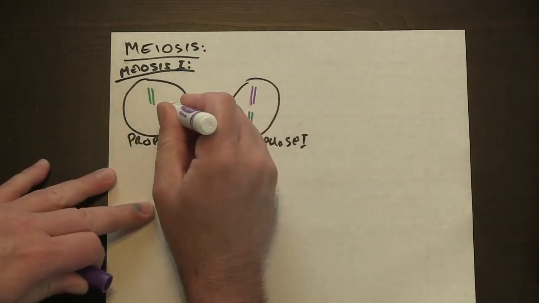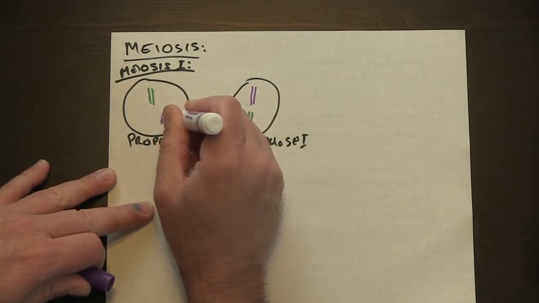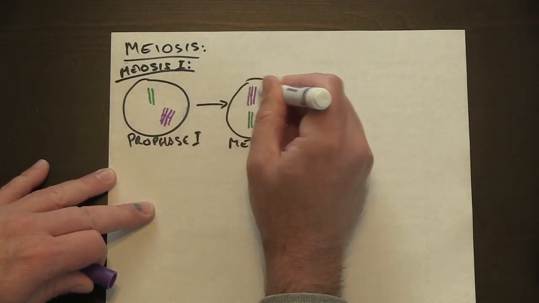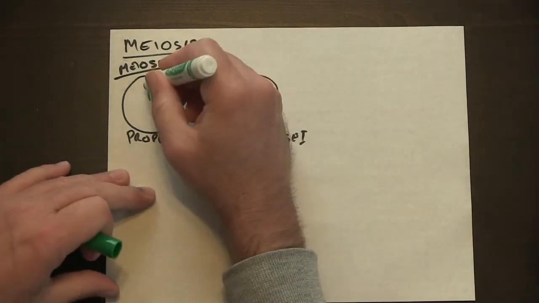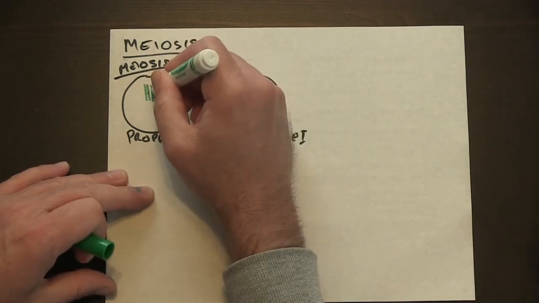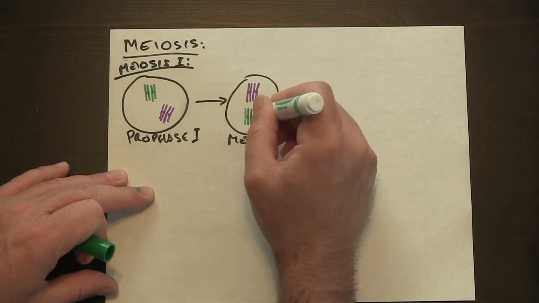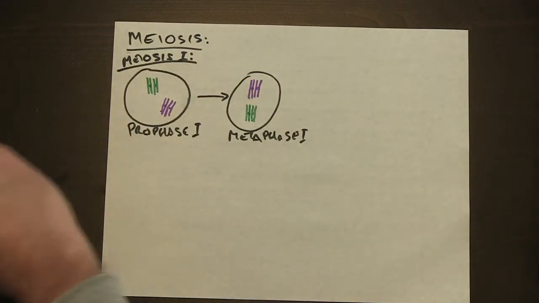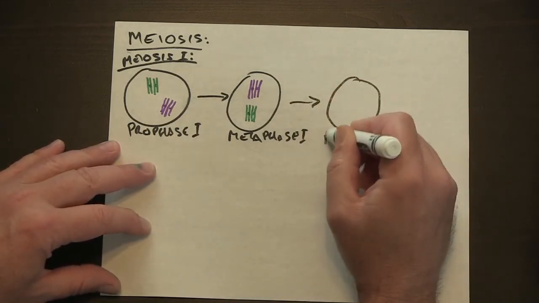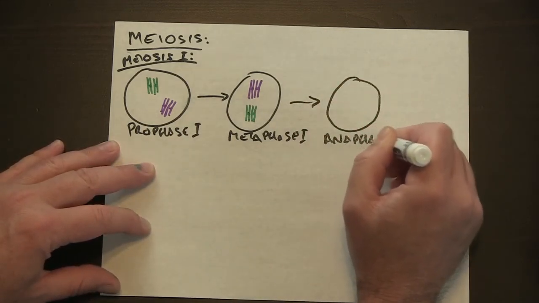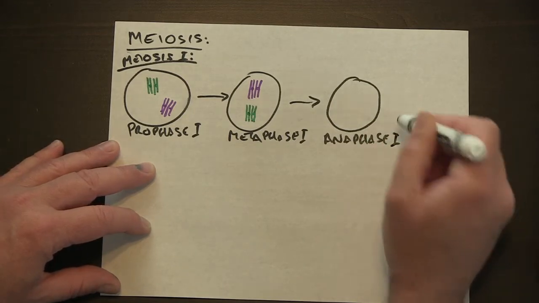Let me actually draw this, because these are actually tetrads. If you remember, they've duplicated, so now we have 4 copies of the chromosomes. Anaphase 1.